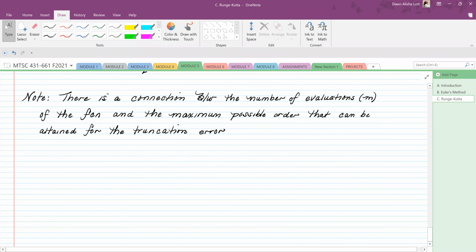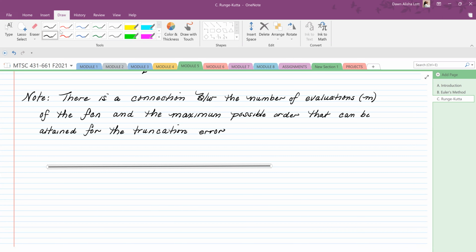So actually, if you look at this, this is a nice chart: the number of function evaluations and the maximum order method.